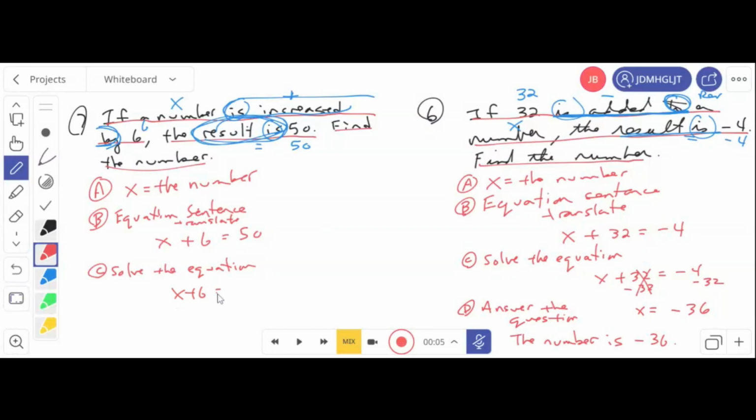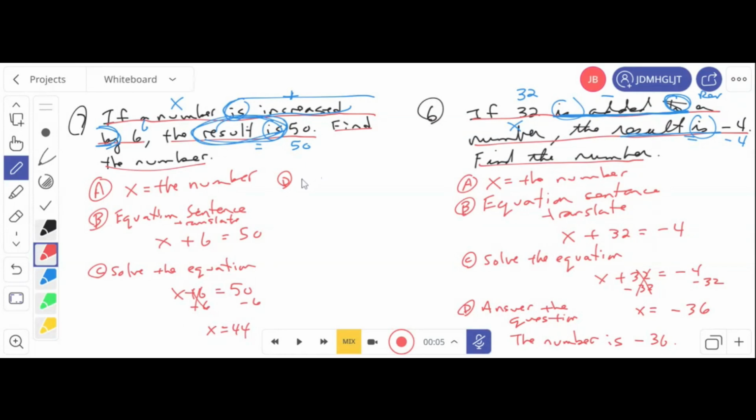So x plus 6 equals 50. No parentheses, no combining like terms, no variables on both sides. We only have one variable term in the problem. So now we undo addition or subtraction. These add out, we're left with x. 50 minus 6 is 44.